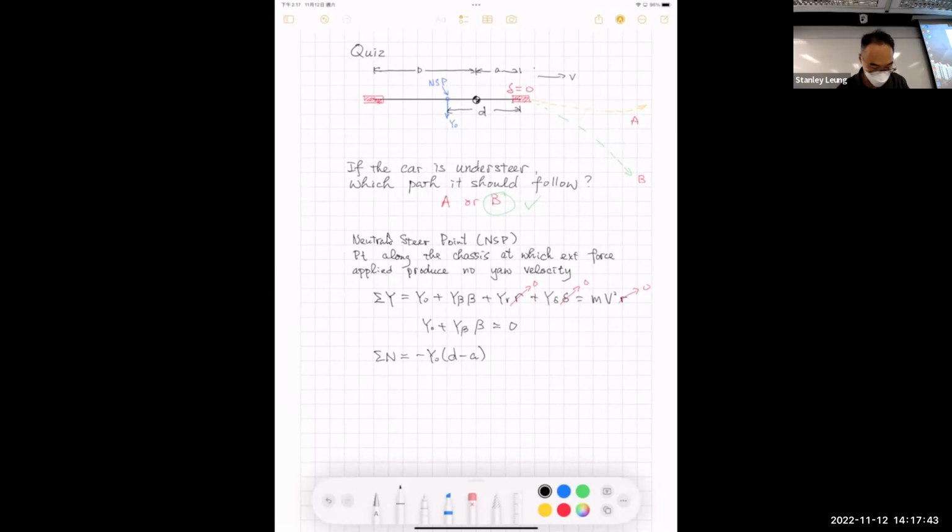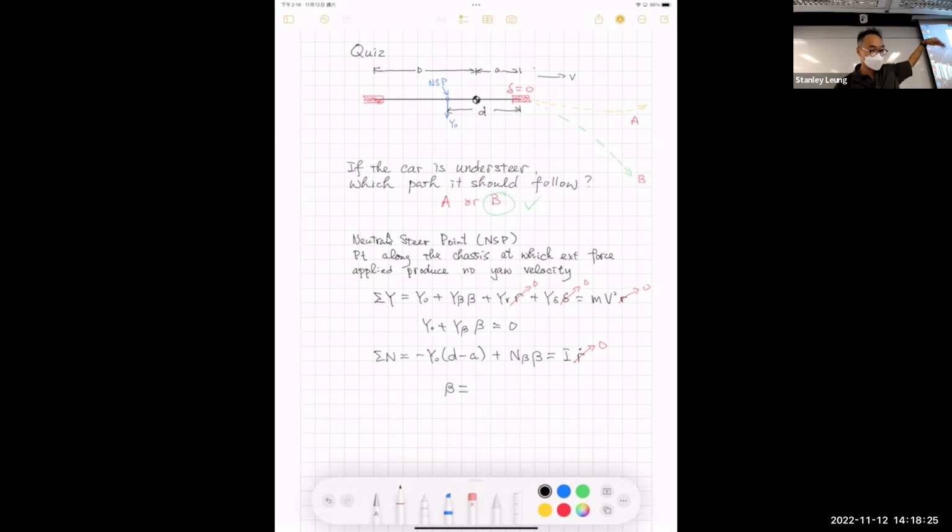Okay, Y times the moment arm supported by the body slip moment equals to actually the I times the angular acceleration. So we don't have change of the angular velocity, so this is 0.